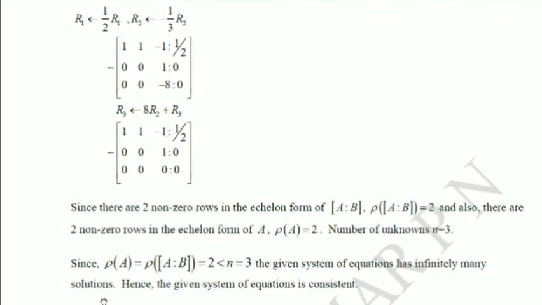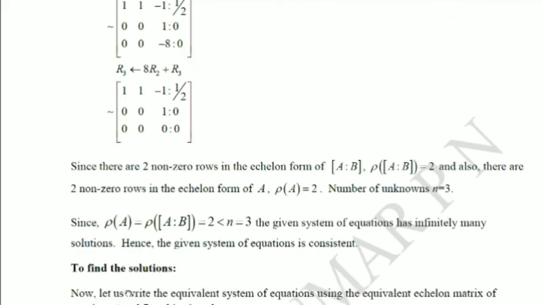And how many solutions are there? Because the rank is less than the number of unknowns. The number of unknowns is 3, x, y, z, and the rank 2 is less than 3. This system has infinitely many solutions.